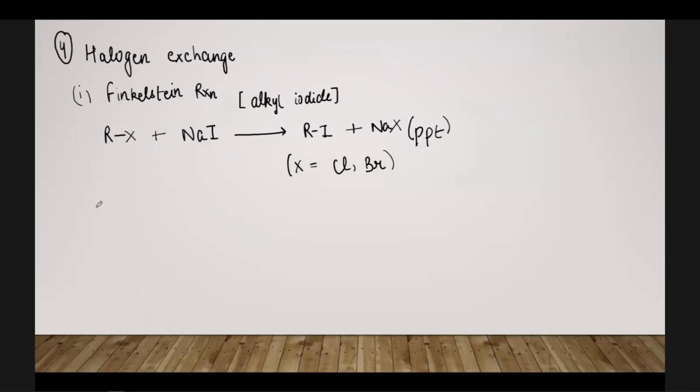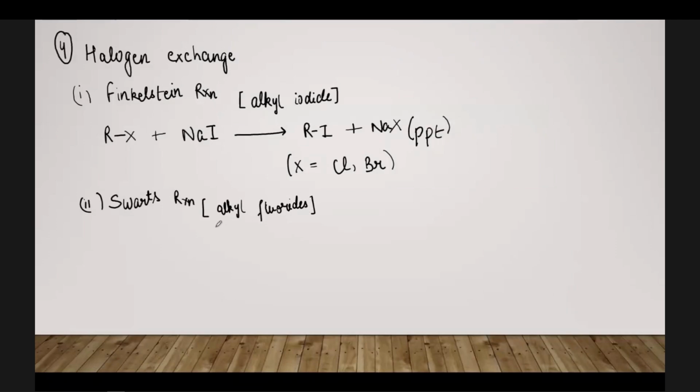Now we will go to the second category of this halogen exchange, and that is also a special reaction. That is the Schwartz reaction. And this reaction is for the preparation of alkyl fluorides only, no other halide. Alkyl fluorides only.